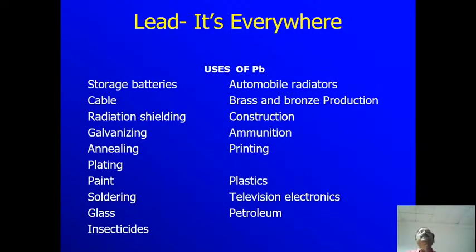The other uses of lead, which have not been covered: if you look at it, it's everywhere. In cables, in the galvanizing industry, in the annealing industry, in plating, electroplating, in insecticides, in automobile radiators, brass and bronze production, in the construction industry, in the ammunition industry, in the printing industry, yes, also in the printing industry, plastics, televisions, electronics, and petroleum. It is used in lots of places.